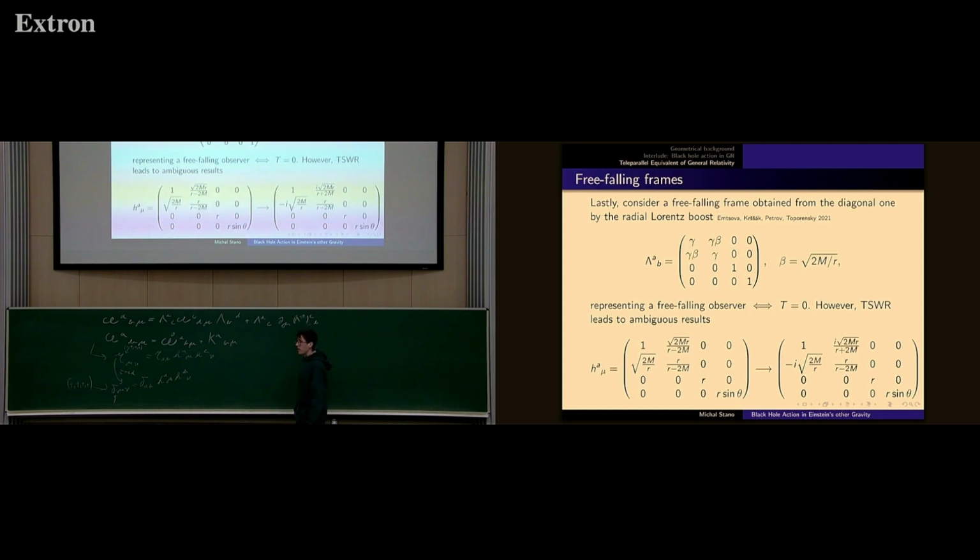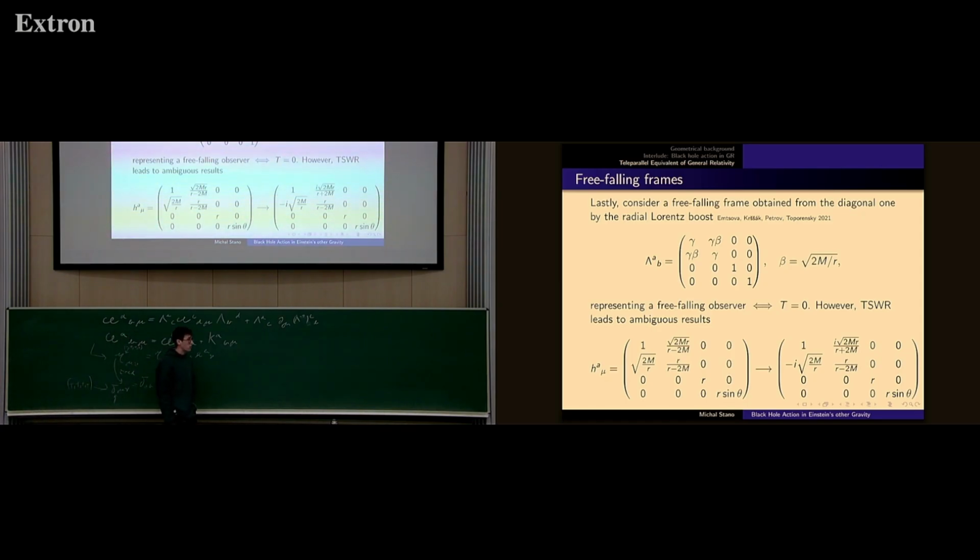And let's just say that lastly, we'll consider this third type of frames, sometimes referred to as free-falling frames, and they are simply obtained from the diagonal frame, which we have started with, by a radial Lorentzian boost in the radial direction with the rapidity of square root of 2m/r.